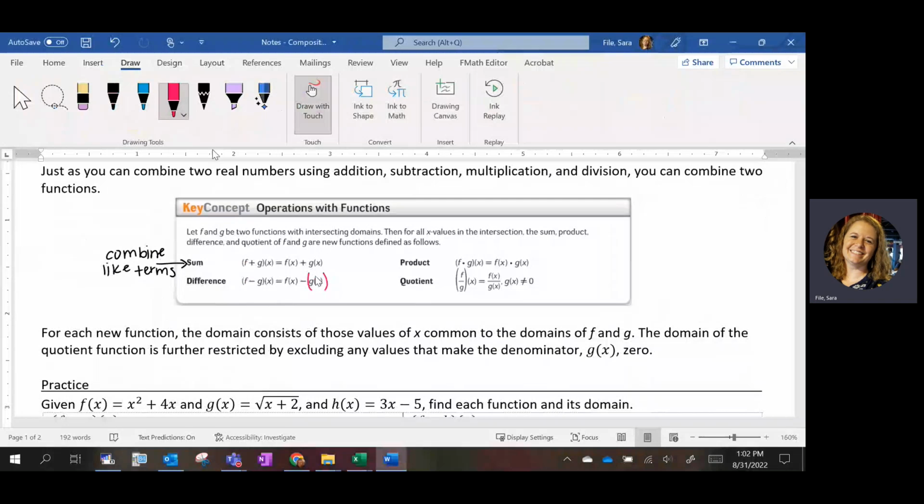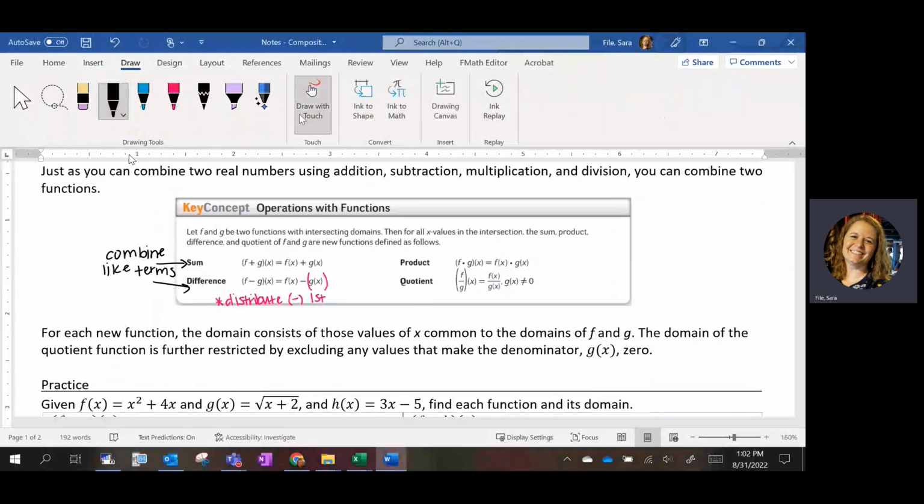I'm going to accentuate that it needs to be in parentheses when you write out the function, because that minus has to get distributed. So you distribute the negative first, then you combine like terms. Both of these are combining like terms, but here you have to distribute that negative first.